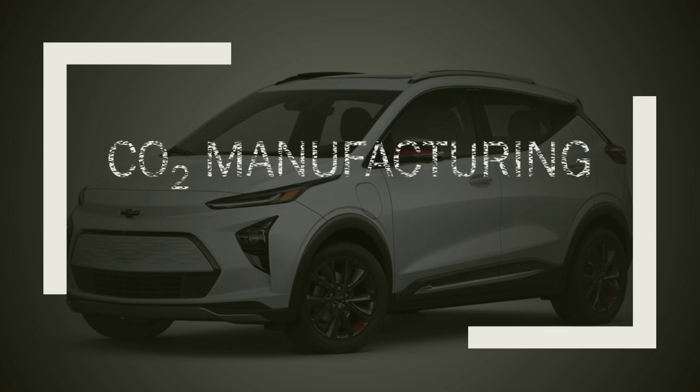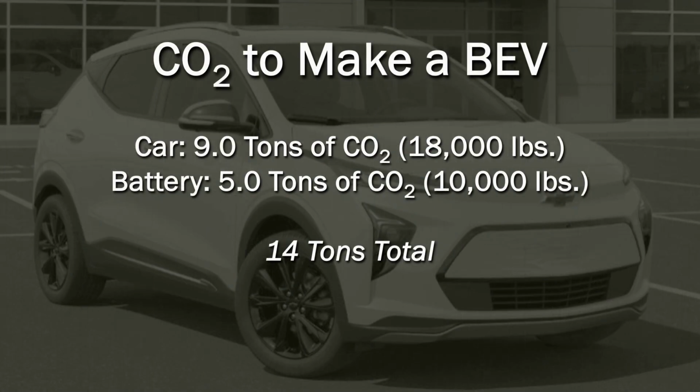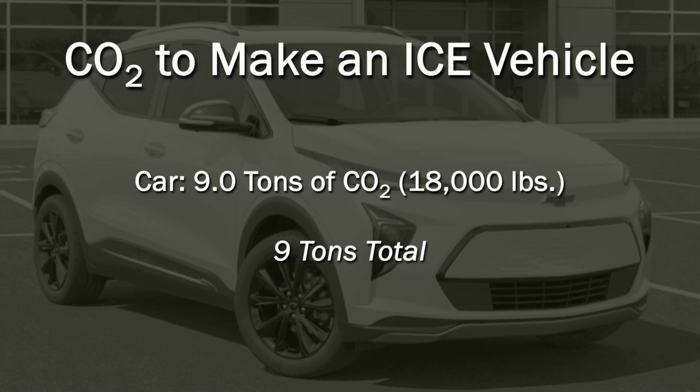Now the real question is how much CO2 is used to manufacture a car. We're going to compare an EV and an internal combustion engine car here. To manufacture an electric vehicle takes 9 tons of CO2, that's 18,000 pounds, and the battery takes 5 tons, that's 10,000 pounds, 14 tons total. To manufacture an ICE vehicle, internal combustion engine vehicle, takes 9 tons of CO2 minimum, that's 18,000 pounds.